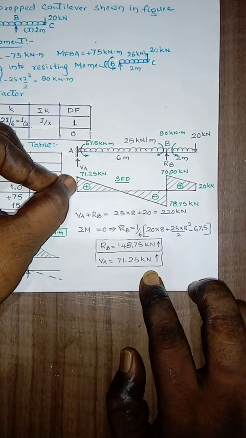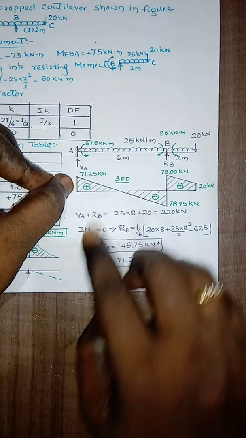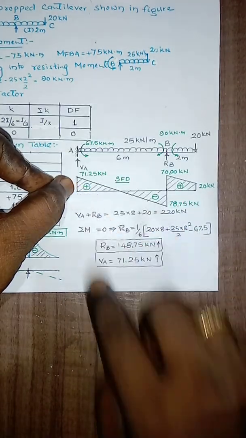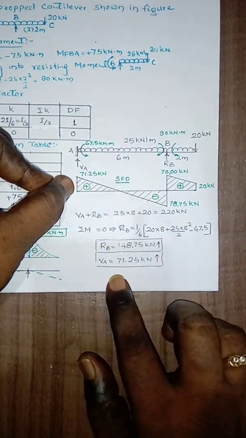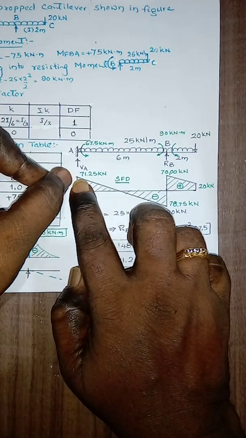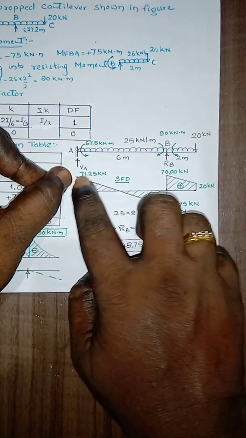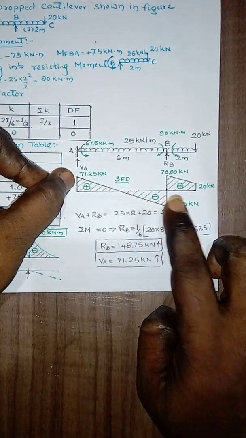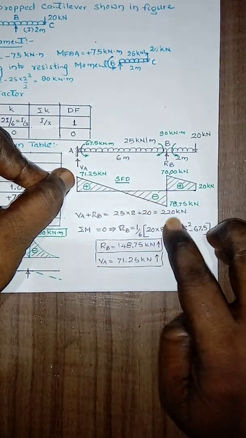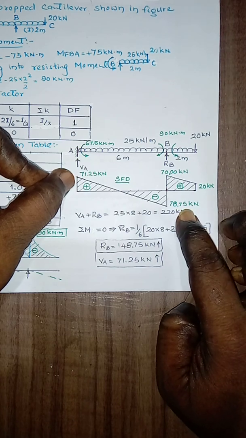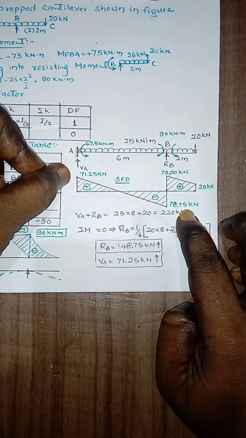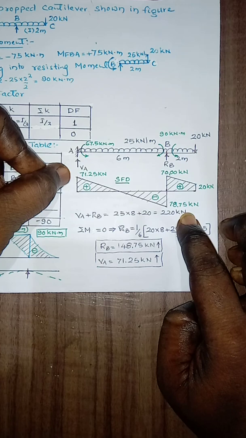To draw the shear force ordinate, left upward is positive, so VA is upward, that is 71.25. Because of the UDL, the shear force varies gradually like this. 71.25 minus 25 into 6, that is 150, you will get 71.25 minus 150, that is minus 78.75.